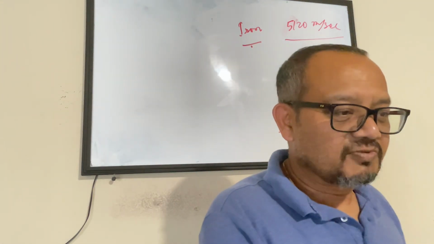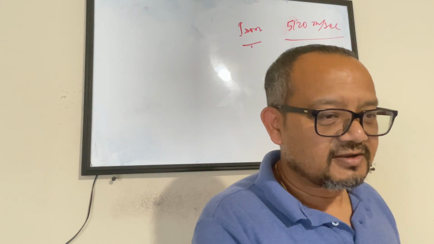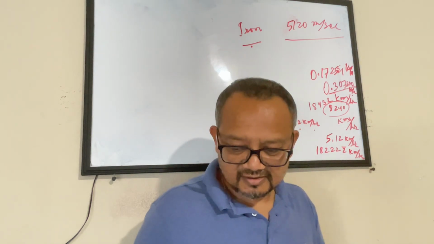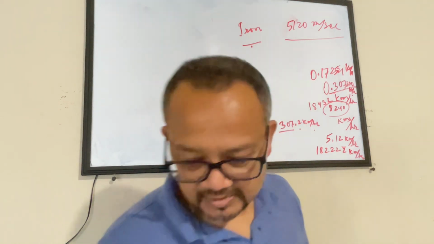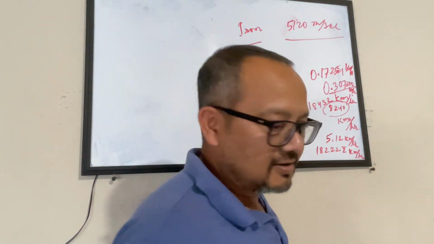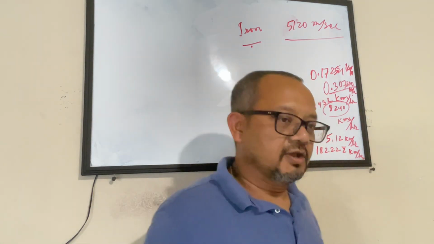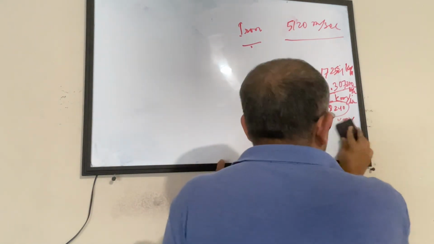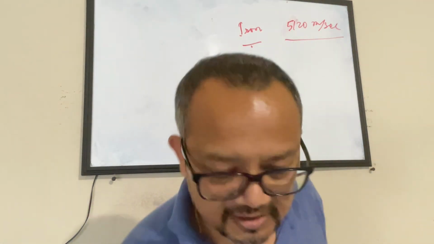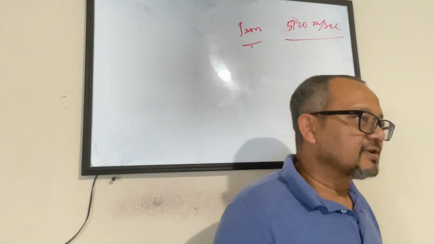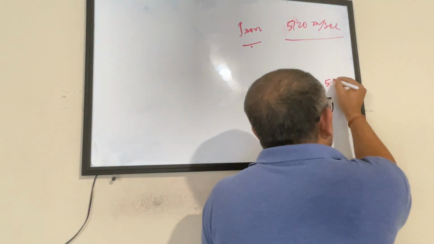Praneet, what was your answer? So at first I thought the answer was 5.12 kilometers per hour, and then I was like, maybe not. And then I did it again, and I added another factor, and I got 18,430 kilometers per hour. Okay. See, all the options that I wrote here, right?